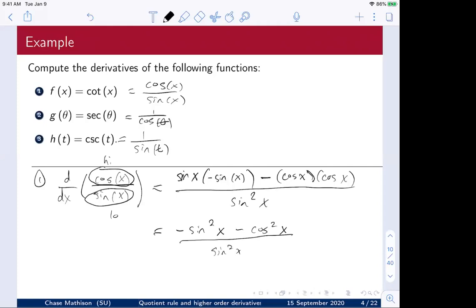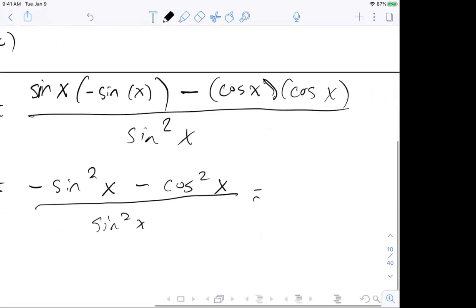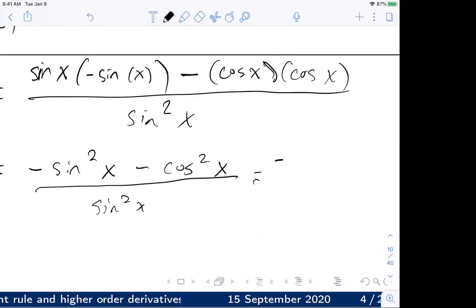All right, so then the top, each term has a negative, right? I'm going to pull that negative out from both terms. And when I do that, this is equal to, let me zoom in a little, zoom, enhance, negative sine squared x plus cosine squared x, all divided by sine squared x.